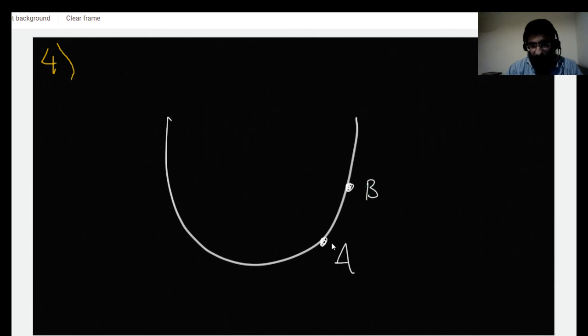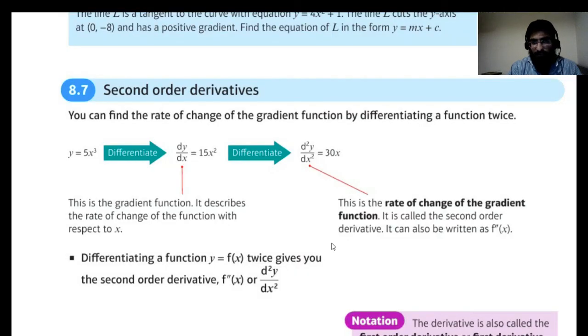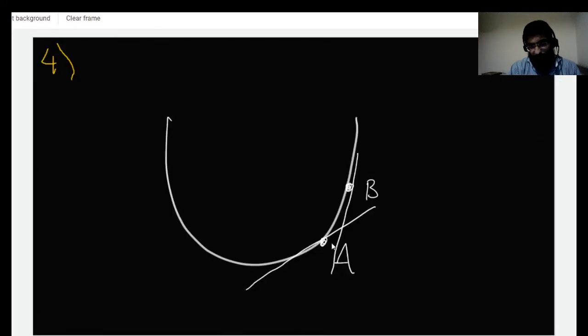No. So the first derivative would give me either the gradient at point A or the gradient at point B. The second derivative would tell me how rapidly this gradient is changing from point A to point B. The second derivative will give me the rate of change of gradient.